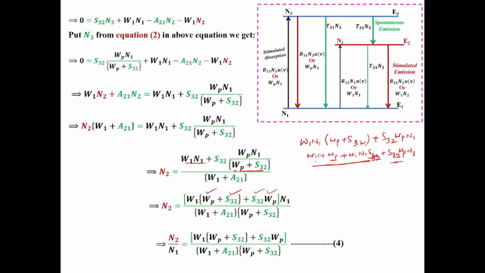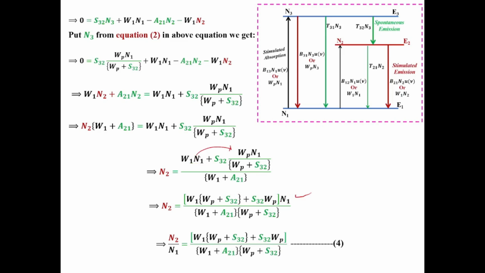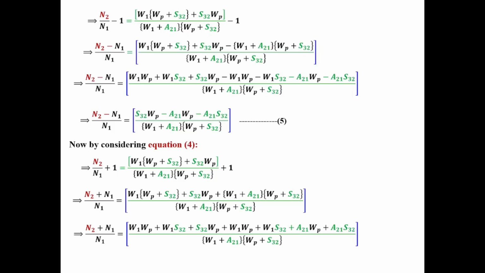N1 is common for these three terms, so it is written outside the bracket. Simple addition. That implies here N1 will be divided with this N2, so N2 by N1 we can find this much, right? This is your equation number 4.